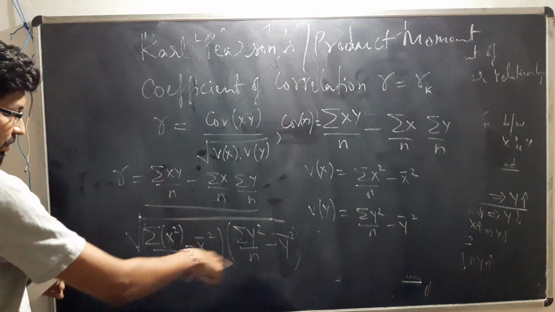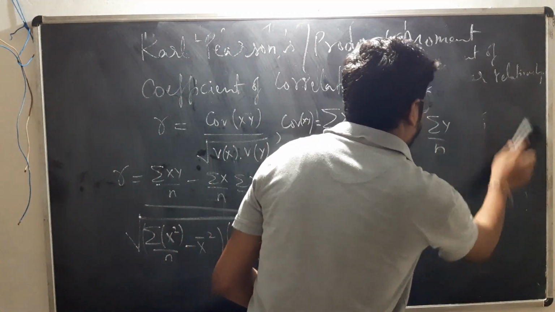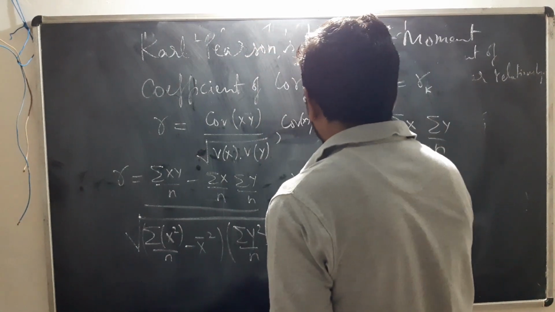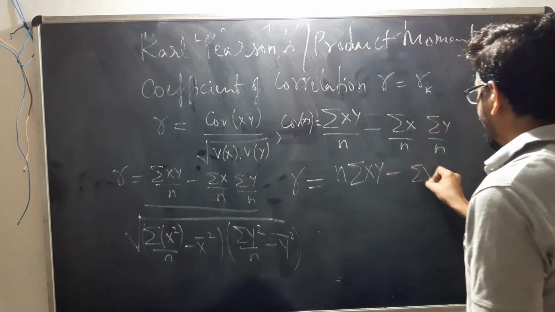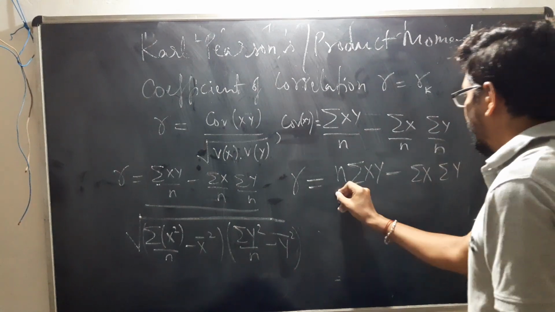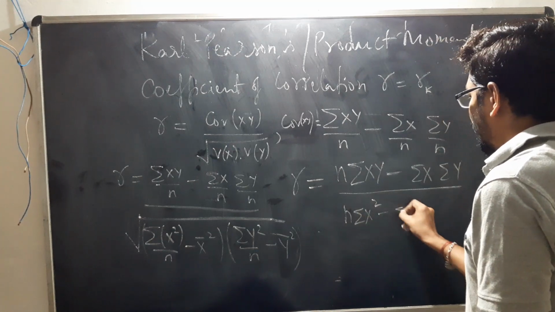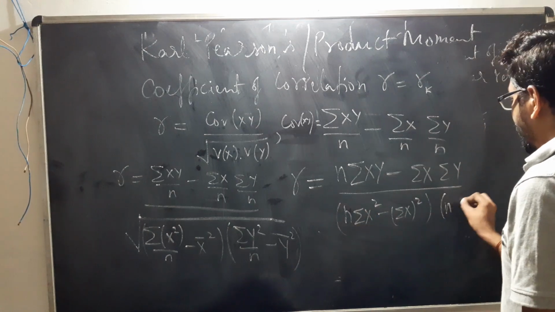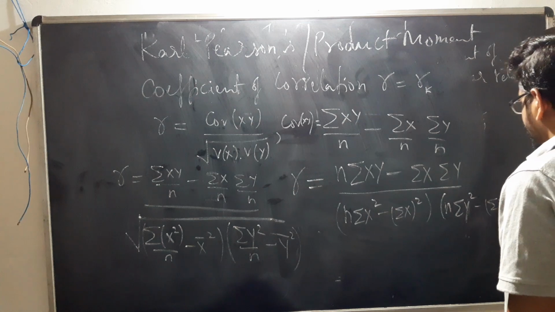If you do a little algebra here, the formula can be further simplified into a beautiful form, and hence you can say that r is equal to n sigma xy minus sigma x sigma y, divided by the square root of n sigma x square minus sigma x whole square into n sigma y square minus sigma y whole square.